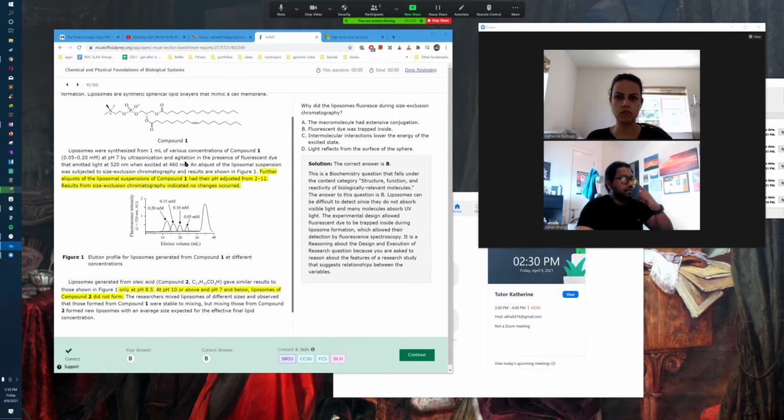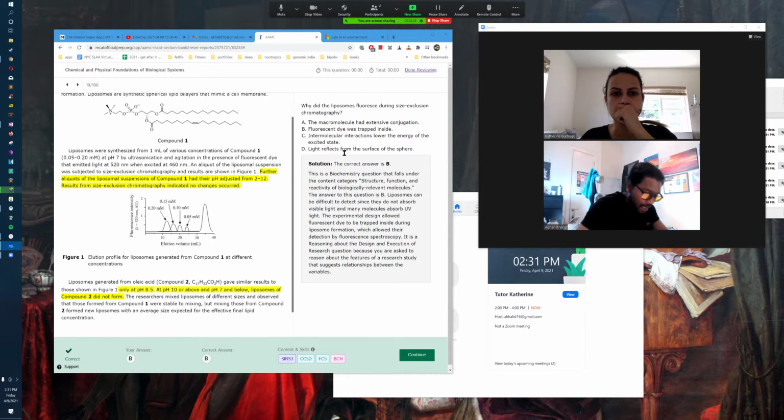So sure, it could reflect light, but they're asking why it fluoresces. When they say fluoresce, that means it's giving off green or blue light at a specific wavelength of 520 nanometers.